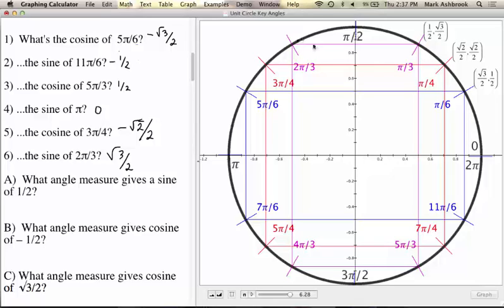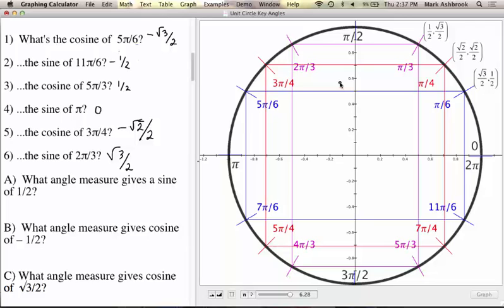A little more than 2 radius lengths. So 2 radius lengths falls here, and we're a little bit further than that when we're at 2 pi over 3. Remember, all these angle measures are numbers of radius lengths, and therefore they're the number of radians of openness.